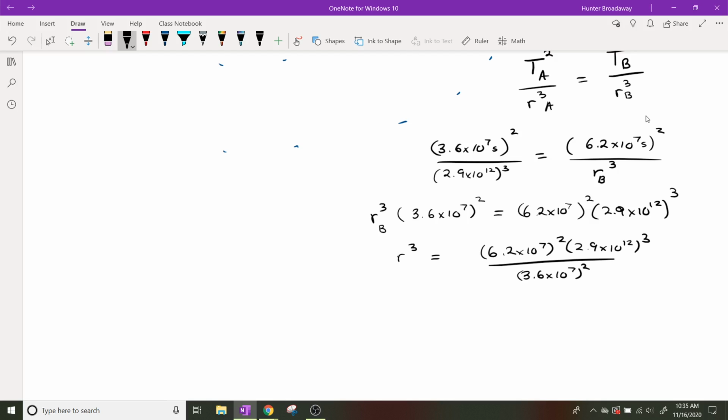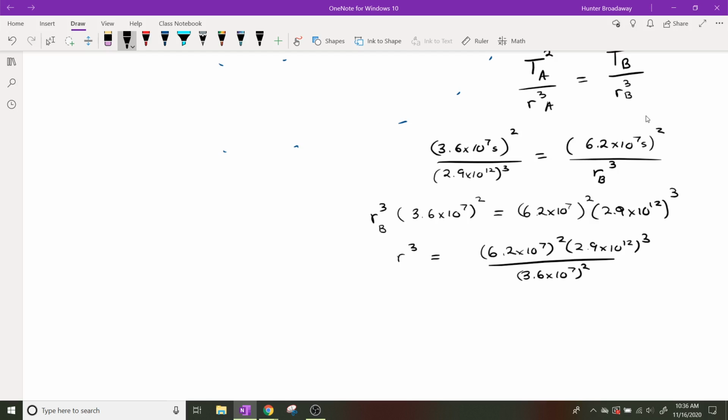So try that out. I'm going to need a second on what we've got. 6.2 e to the 7th squared times 2.9 times 10 to the 12th cubed, and then divide by 3.6 times 10 to the 7th, and then do that one more time.